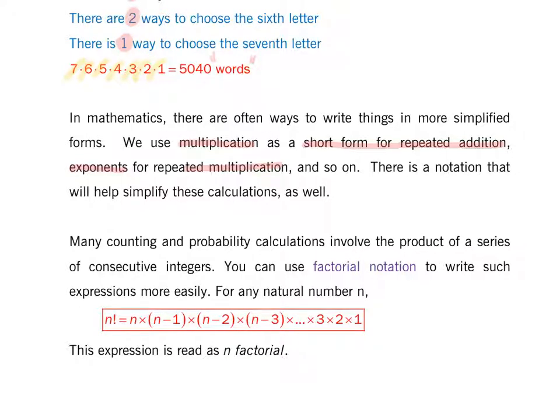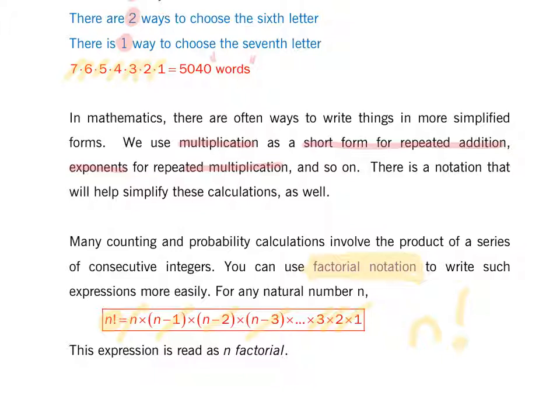Okay? So what that notation is, it's actually called factorial notation. And factorial notation is when you have something like n factorial. How we denote that is an n with an exclamation point. And n factorial is n times n minus 1 times n minus 2 times n minus 3 times dot dot dot times 3 times 2 times 1.